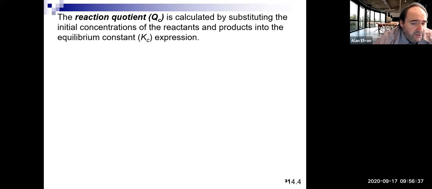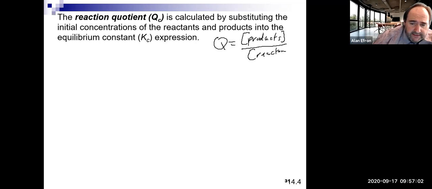The reaction quotient is calculated the exact same way as you would calculate K. Basically Q is the concentration of our products divided by the concentration of our reactants. You also use the coefficients as the exponents, everything pretty much identical to what you would calculate for K.